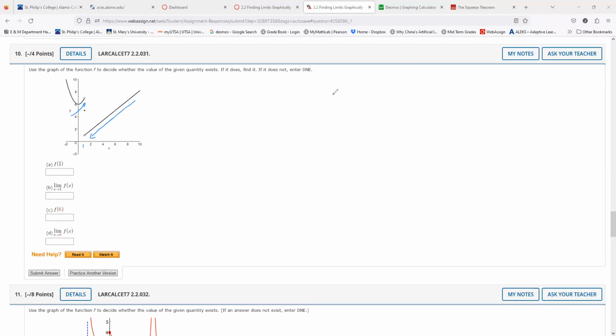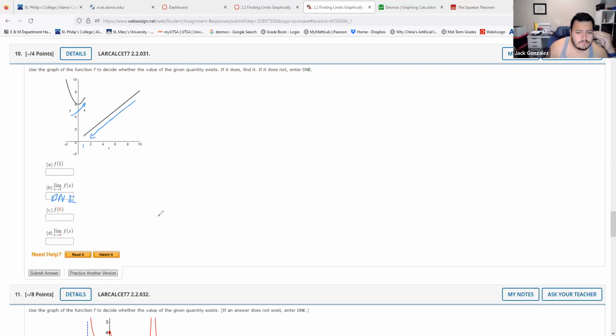B and E because it doesn't exist. Yeah, they're not the same, therefore it does not exist. Single-sided limit exists. The limit from the left is equal to 7. Limit from the right is equal to 1. But since this is 7 and this is 1, they are not equal, therefore D and E here, right? Yeah.